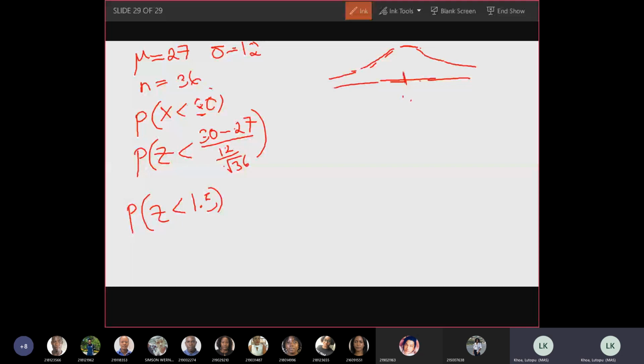So remember, 0 is here, then 1.5 is somewhere here. The probability that Z is less than 1.5 means to the left of 1.5, so this area.